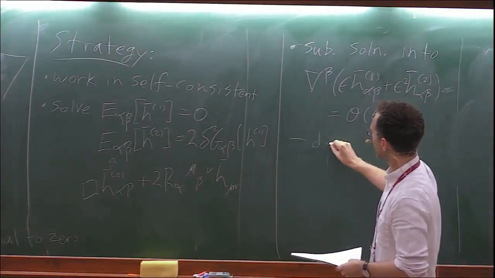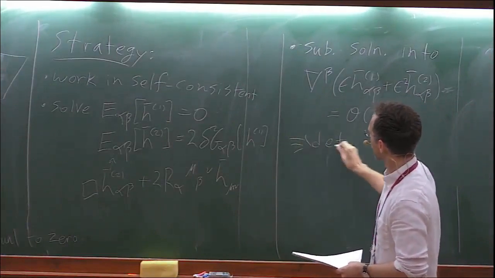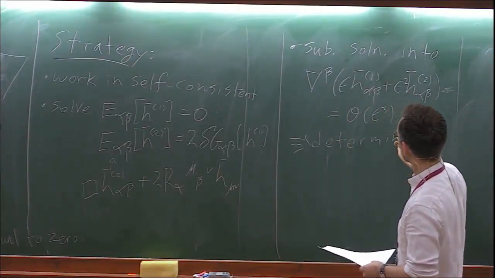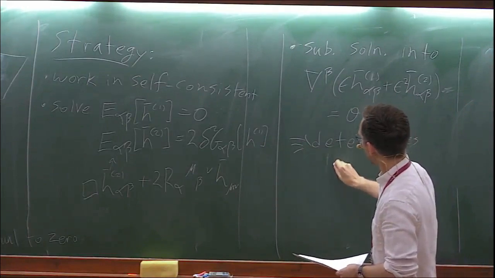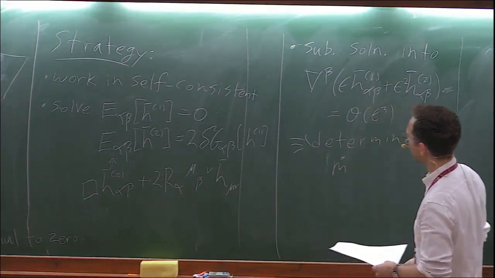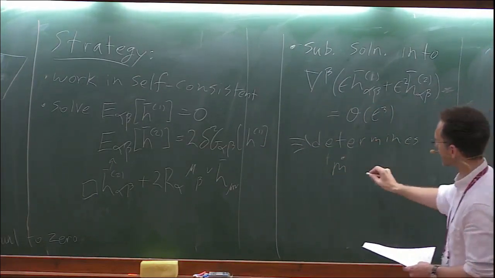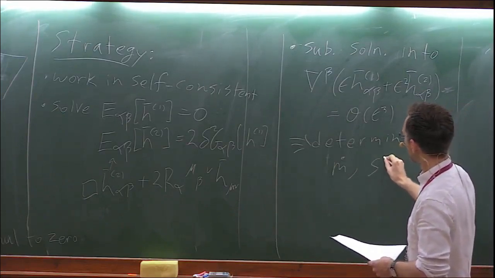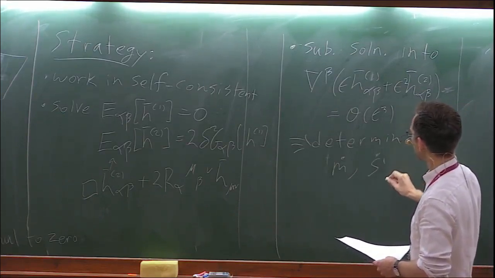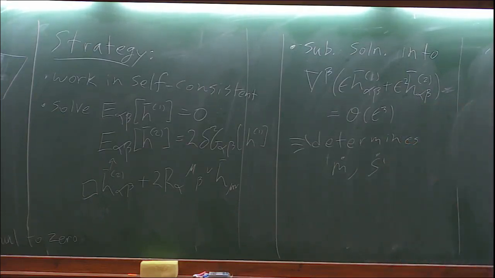So this determines m dot, the rate of change of the small mass. It determines s dot, the rate of change of the spin.